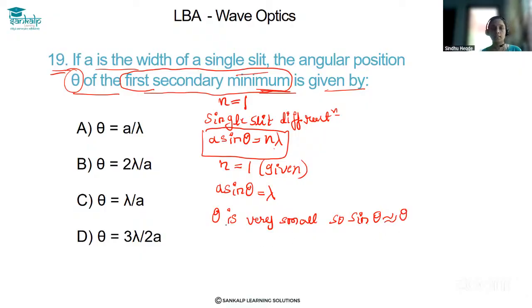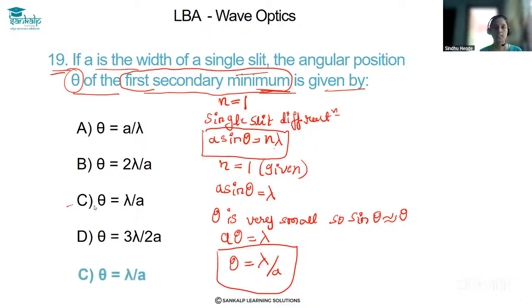In the place of sin theta, we write A theta is equal to lambda. Theta is equal to lambda by A. Hence, the correct option is option C, theta is equal to lambda by A.